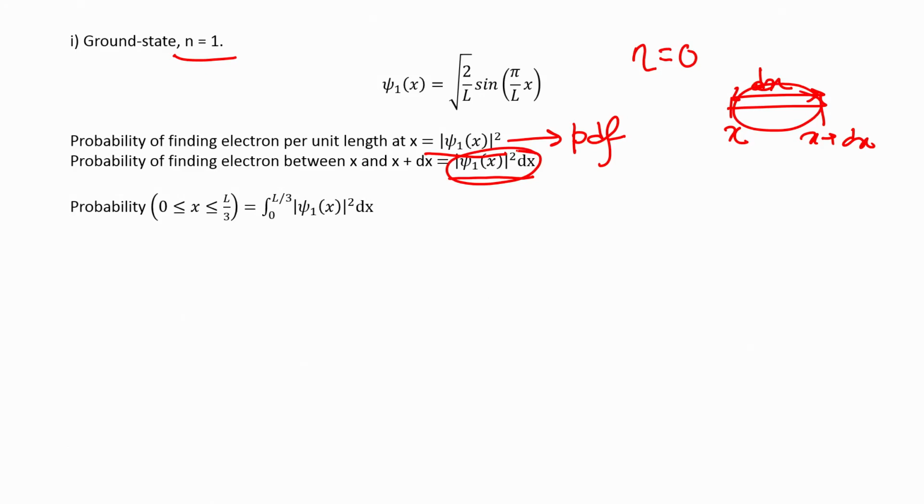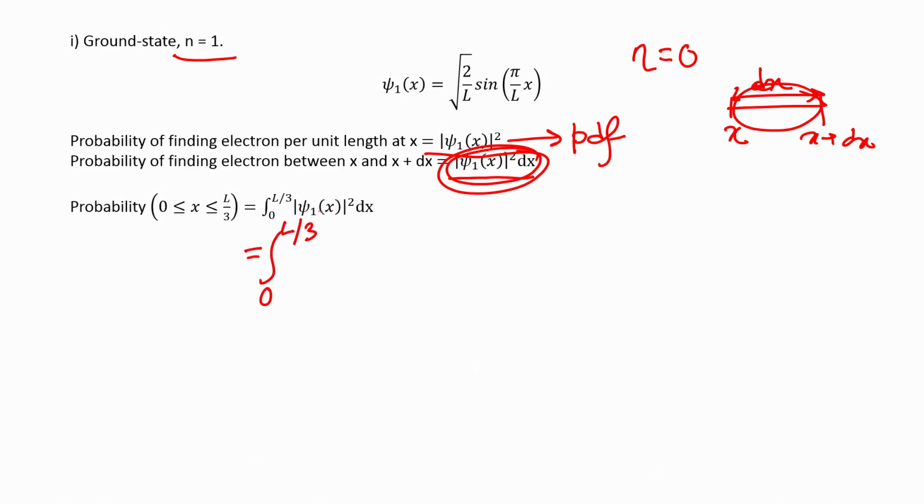So the probability of finding the electron between 0 and L by 3, you have to integrate this expression from 0 to L by 3. Let us go through a few steps here. Integrate from 0 to L by 3.